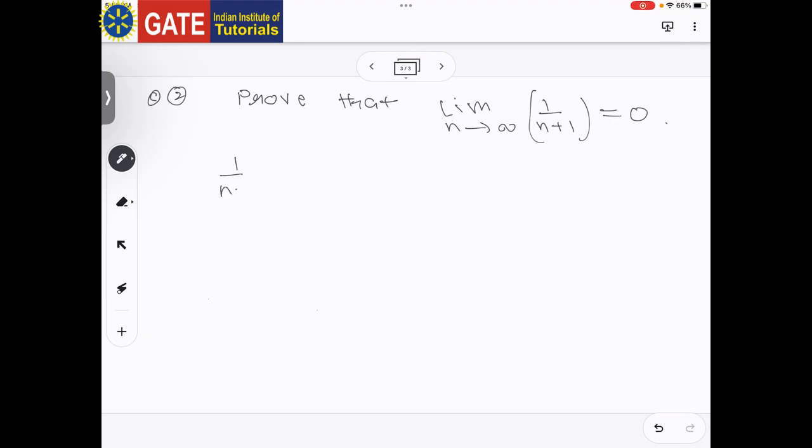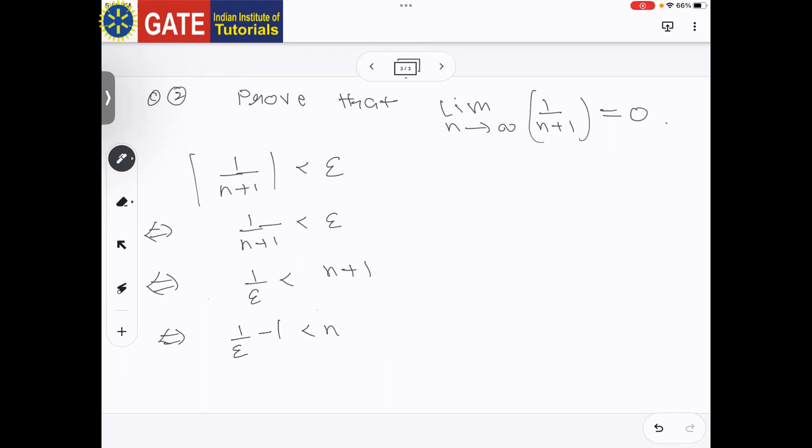Again, |1 by n plus 1| assume less than epsilon, then this is equivalent to 1 by n plus 1 is less than epsilon. Then this is same as 1 by epsilon is less than n plus 1, then this is same as n is greater than 1 by epsilon minus 1. So you choose your capital N to be the greatest integer of 1 by epsilon minus 1. So for n greater than N, your a_n is less than epsilon.